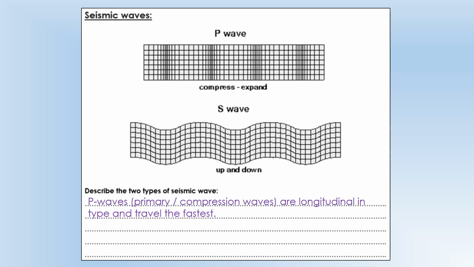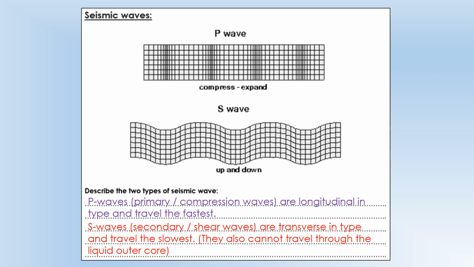So let's firstly get our descriptions down. So our P wave, our primary or our compression or pressure wave, are longitudinal and travel the fastest. S waves or secondary or shear waves are transverse and travel the slowest. And they also cannot travel through the core of the planet, whereas the primary or P waves can travel through the core.